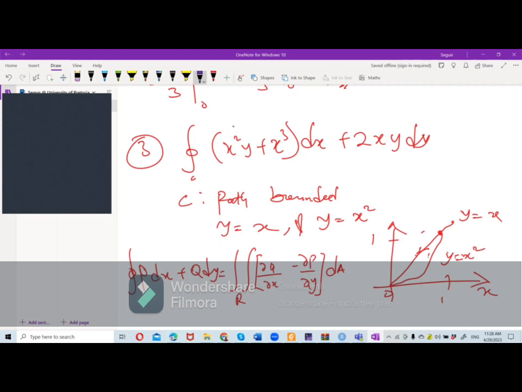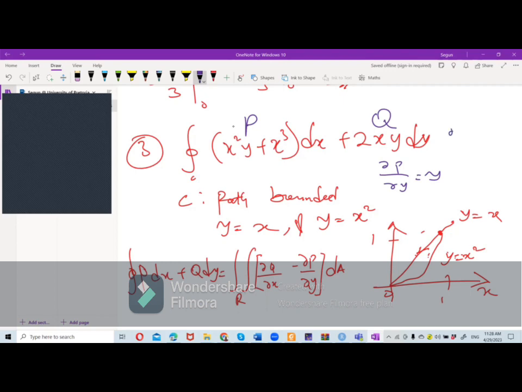The one with the x is your P. This is your Q. The P, the y equals to what? Equals y.